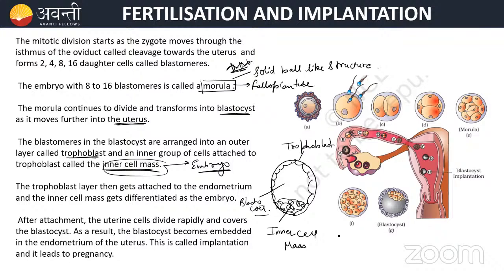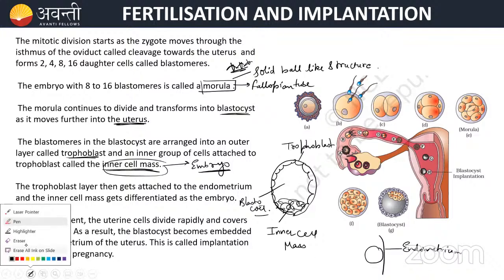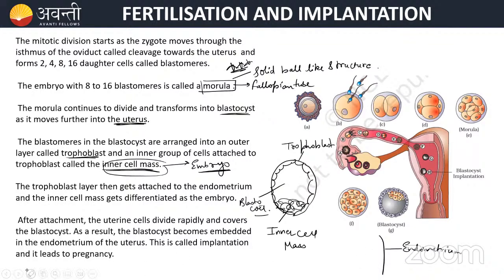Now, one more important point which I want to mention here. Let's say this is the endometrium, and this is the blastocyst. Now, when the blastocyst or the embryo gets attached to the endometrium, we call the endometrium the decidua.